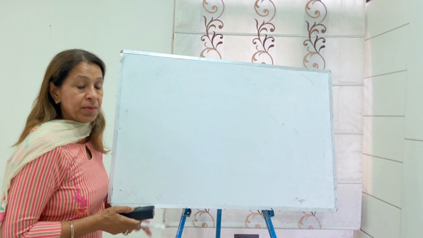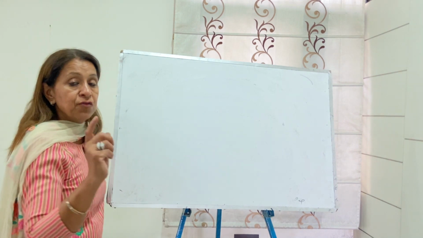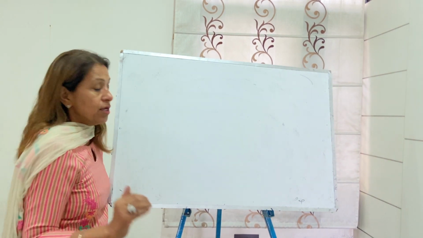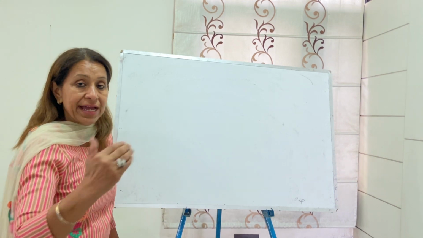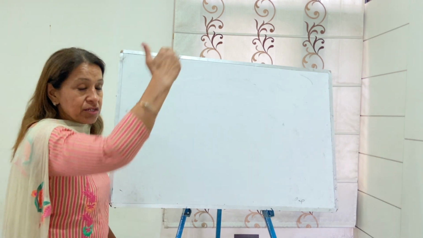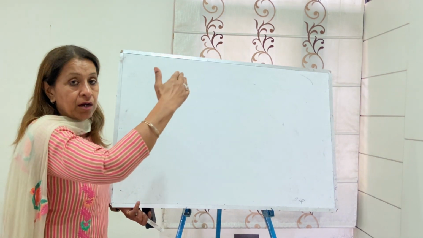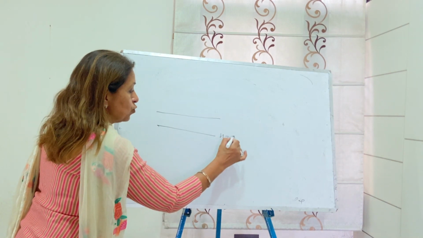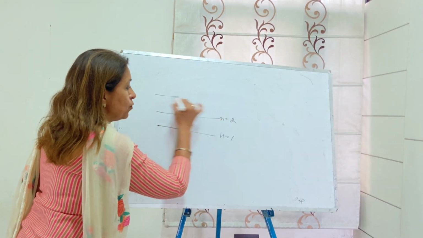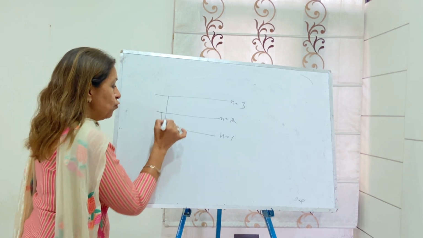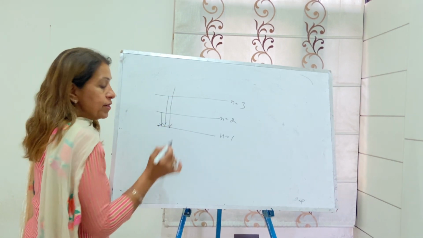The third piece of information given by the azimuthal quantum number is the fine lines of the spectrum. We discussed that day: n equal to 1, n equal to 2, and the transitions 2 to 1, 3 to 1, 4 to 1 give the main line.